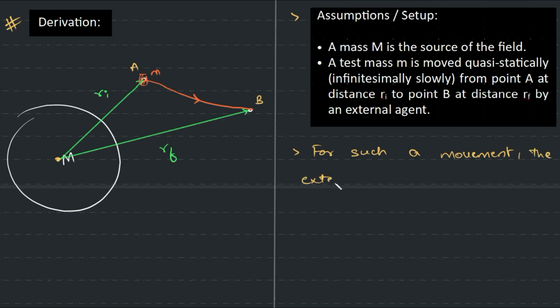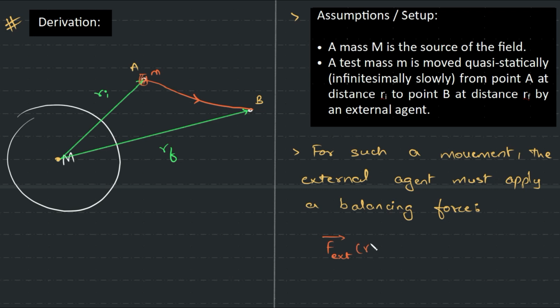The external agent must apply a balancing force. So F external should be equal to F gravitational pull. Right? So which is the force which is pulling towards the center? Gravity. So we have to do work against the gravity.